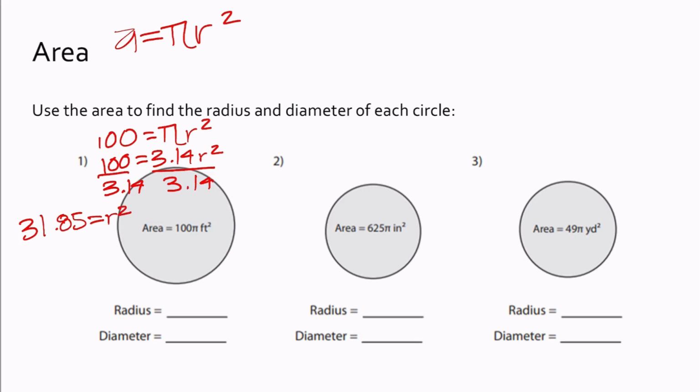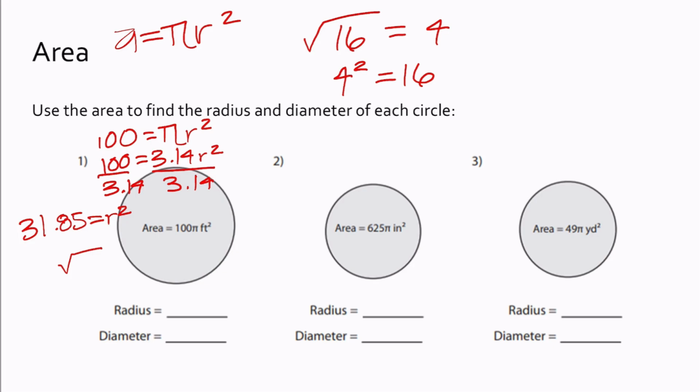Now to get rid of this radius squared, we are going to use the square root. You hopefully have this button on your calculator. This button tells you what number times itself equals your answer. So for example, if I have 16, the square root of 16 is 4, because 4 squared equals 16.